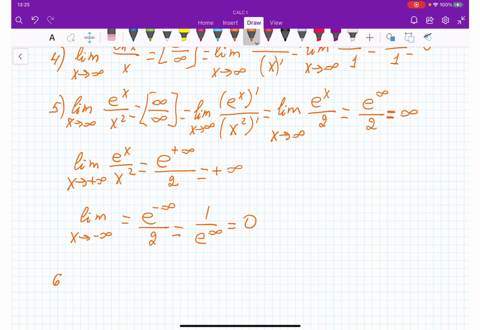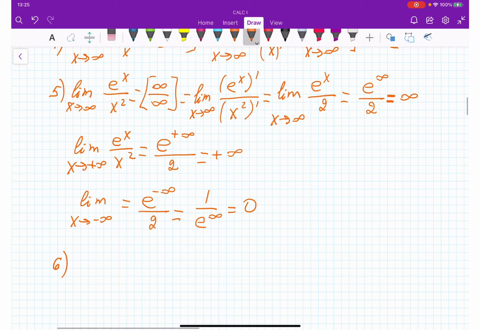Number 6, and we have the limit as x approaches positive half pi of tangent 3x over tangent x.